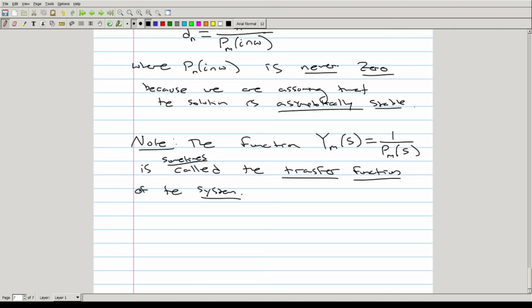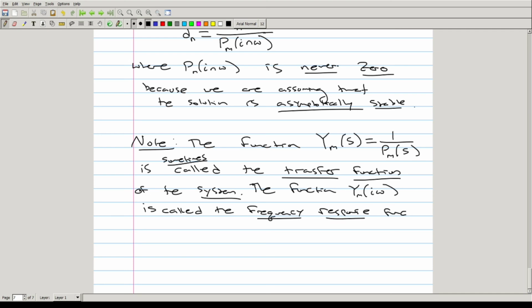And the function Y_m of i omega, the function of omega, is called the frequency response function.